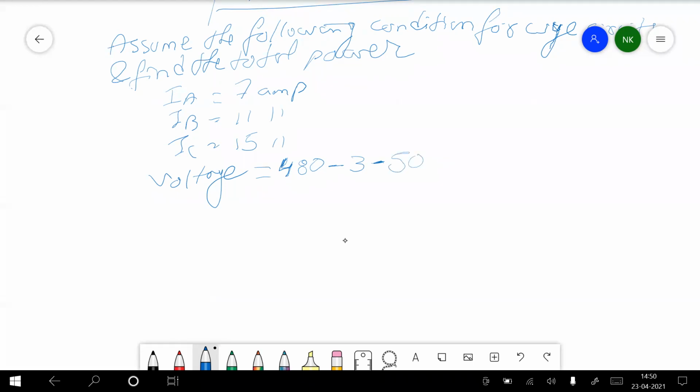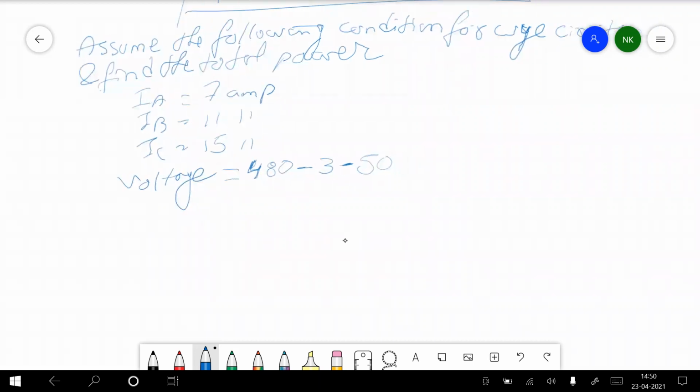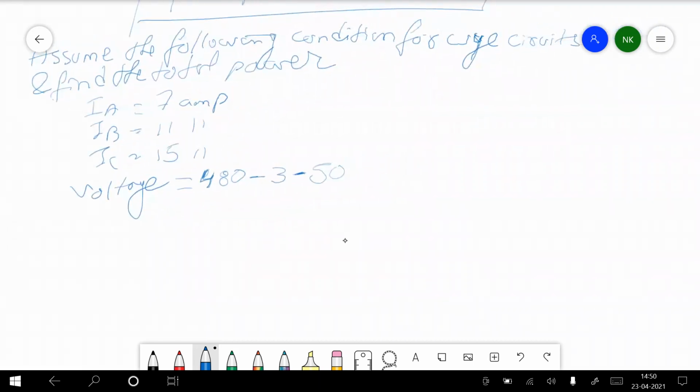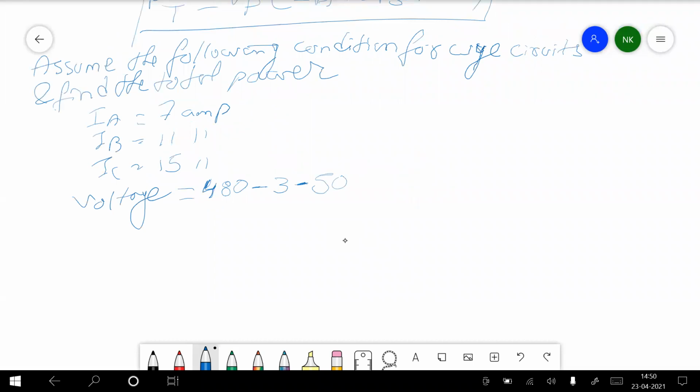Okay, this is your question. You have to find the total power. So tell me how you will find it, and what data is given in this particular question.